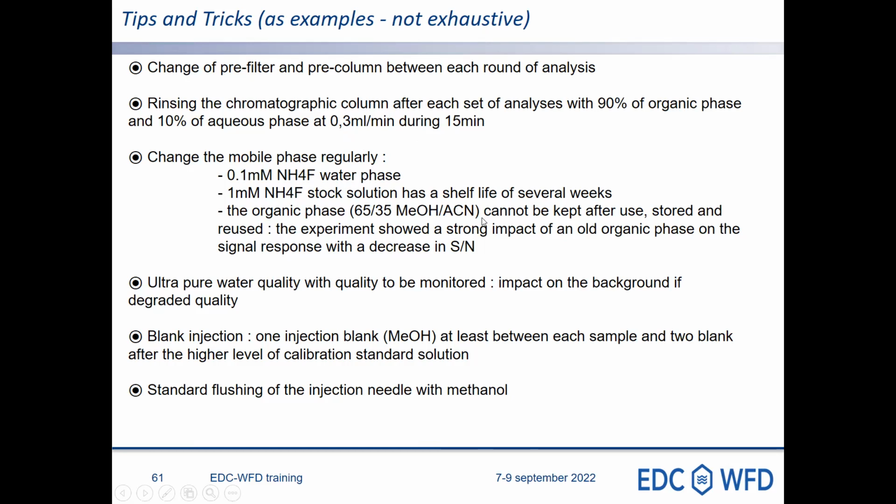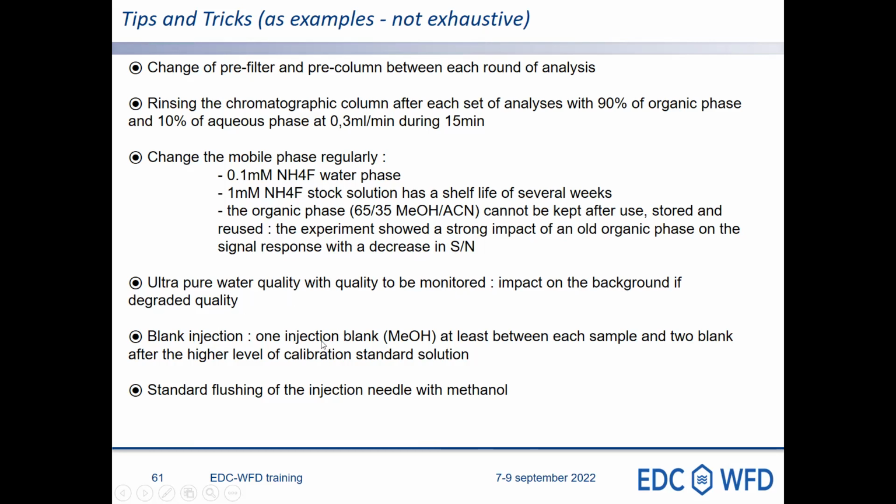It should be optimized cautiously, and you really have to take care of that. Ultra pure water quality should be cautiously selected and monitored, and it can have a strong impact on the background if you do not take it into account.